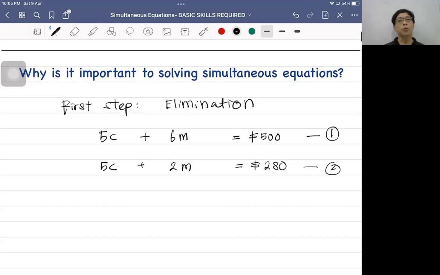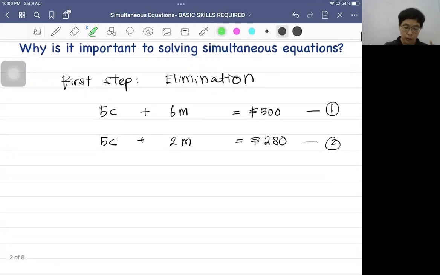And before we can start to find out what C is and what M is, the very first step is to eliminate. So that is why the first step is to look for the same coefficient. The first person has 5 cars, the second person has 5 cars, and this is where we are going to eliminate.